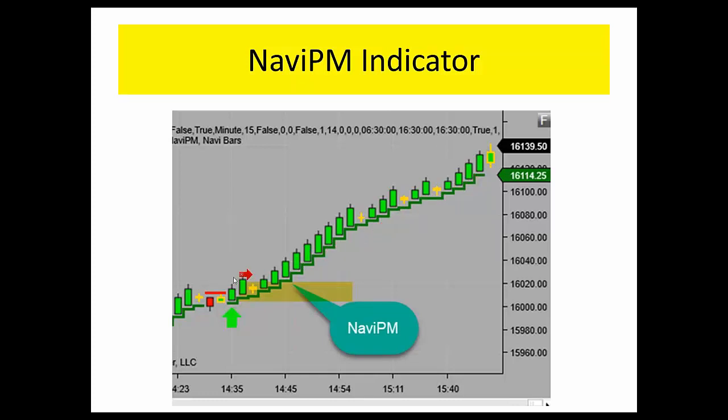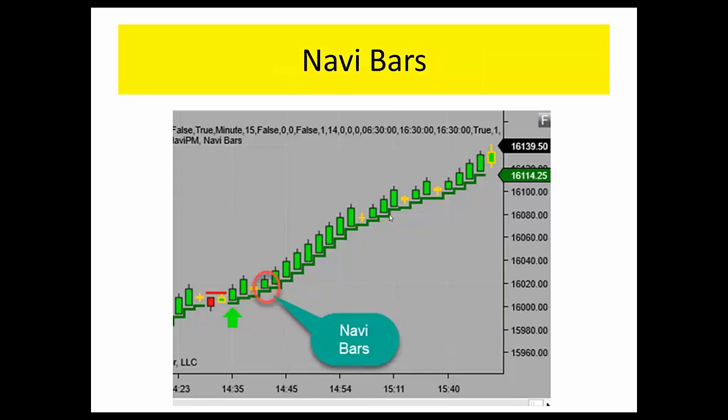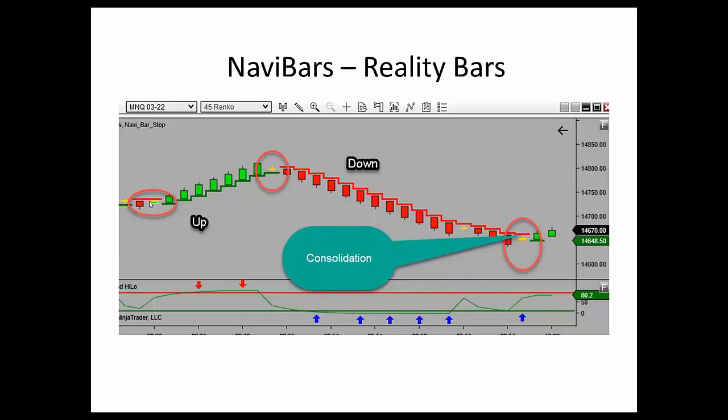It can be used as a trailing stop. Again, notice that in these moves you get consolidations, and you can see the market will break above or below these consolidations. So consolidation, market moved up, consolidation, broke below it for a move down.